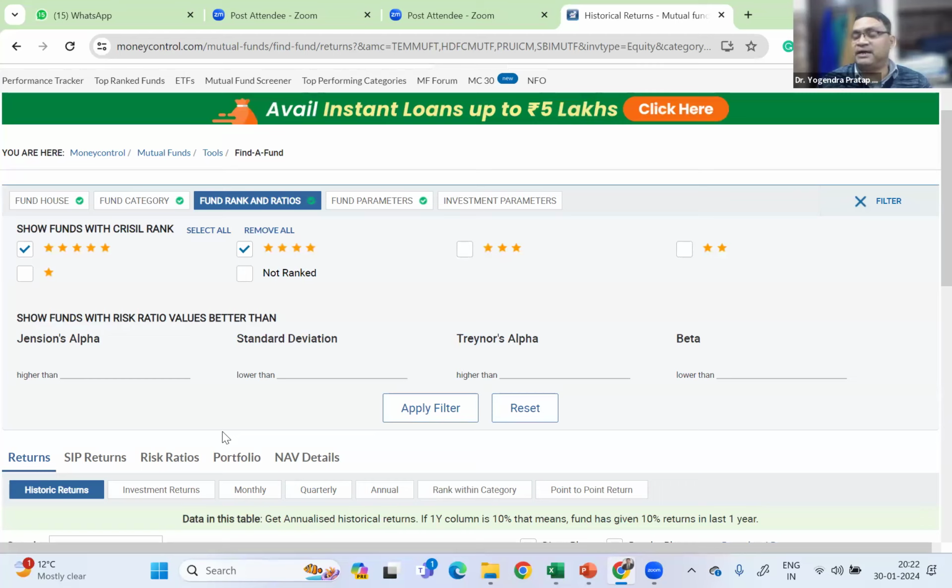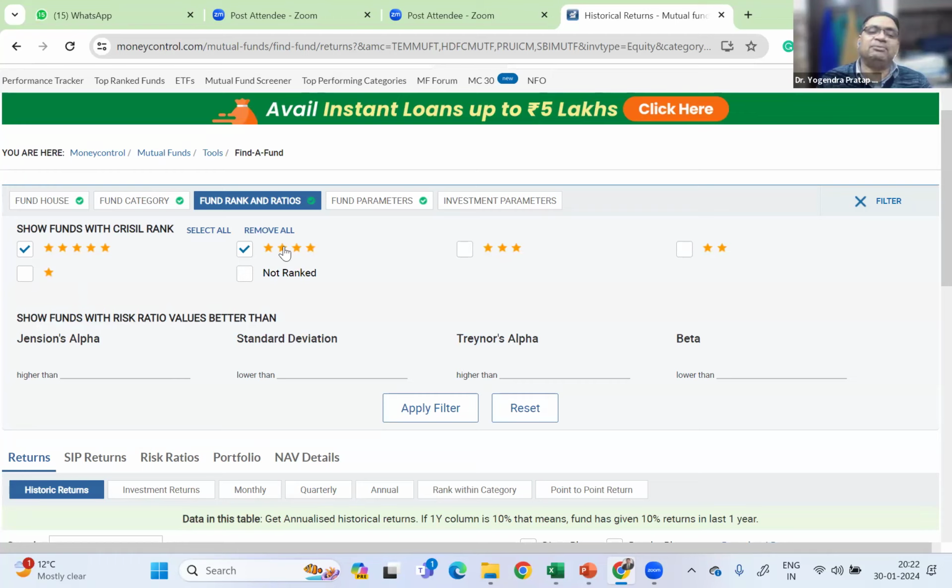So if you have not done the analysis, the thumb rule is just to go to CRISIL, a popular credit rating agency that has done all the scientific investigation, and choose 5-star or 4-star funds. This is the thumb rule. You need not go into the technicalities.